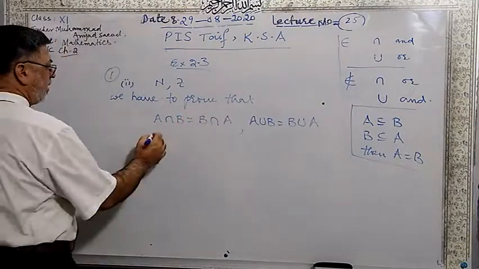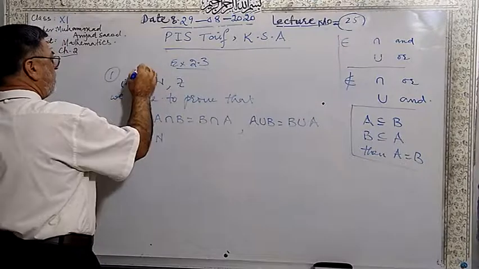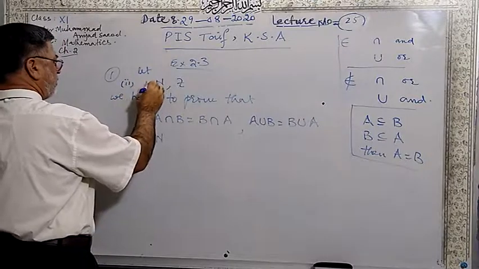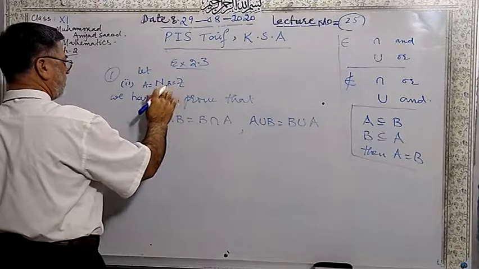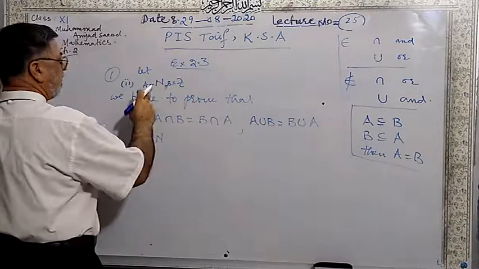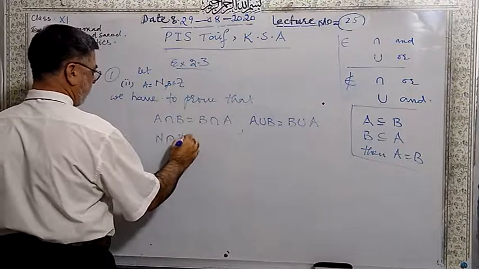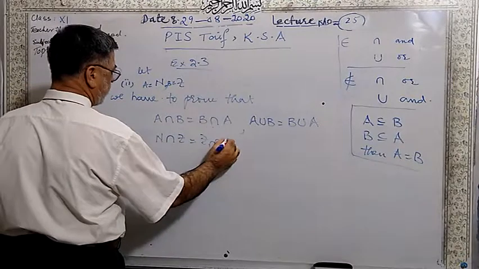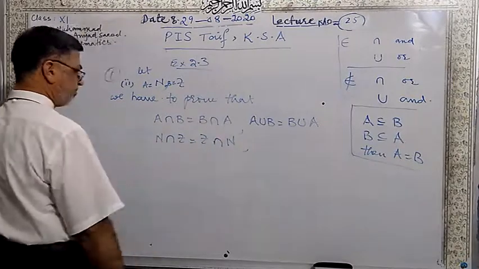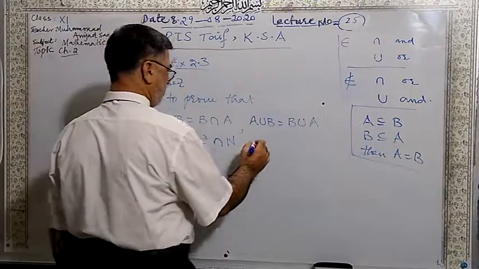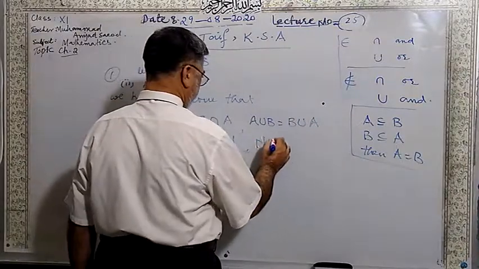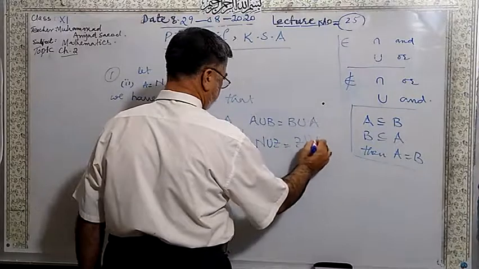We will apply: let A is equal to N and B is equal to Z. Instead of A, you will apply N and B is Z. Z intersection N, here is N union Z and Z union N.